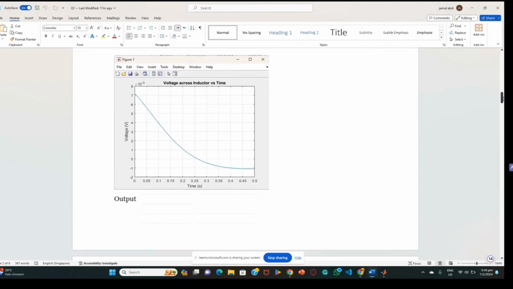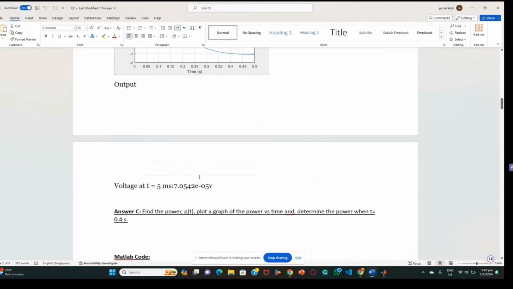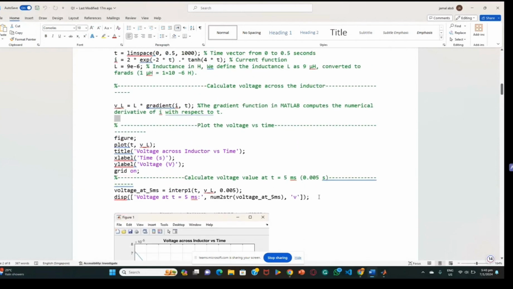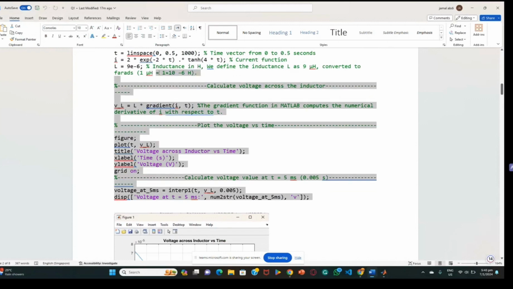So this is the graph in MATLAB, and this is the output, the voltage here. This one is 7.054, and we will check another time. I will copy the code and go to MATLAB.